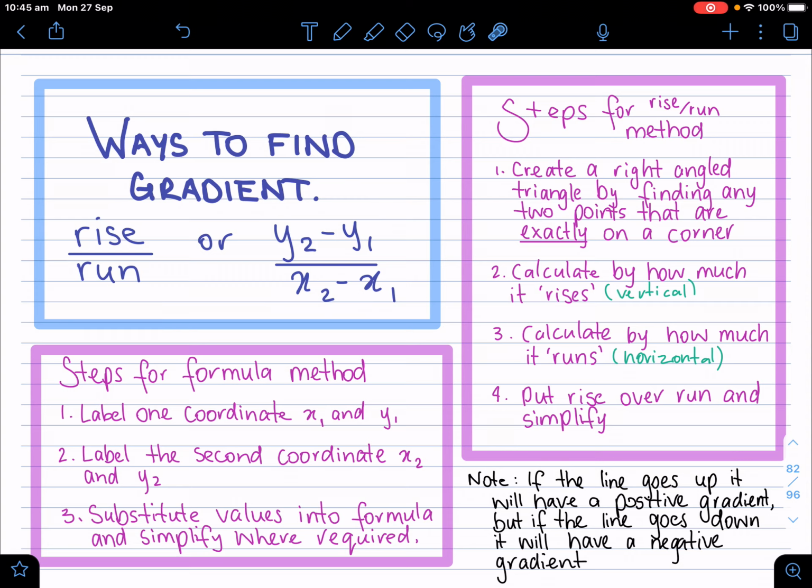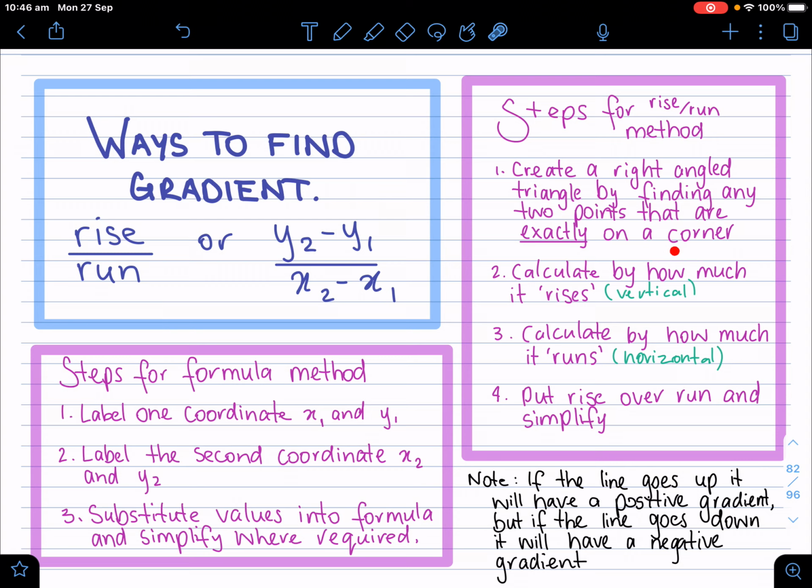Let's look at rise over run. Now, both of these are the same thing technically, and they both use Pythagoras' theorem. But for now, you just need to know how to calculate it, and we'll look at its use and application a little bit later on. So rise over run steps are: create a right angled triangle by finding any 2 points that are exactly on a corner. And when I go through the example later on, you'll understand what this means.